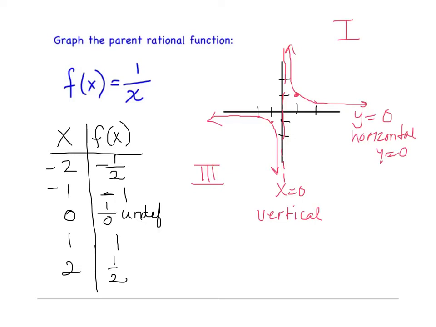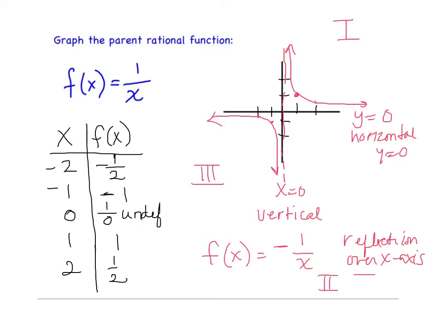However, if I were graphing the function f of x equals -1 over x, remember that the negative out front is a reflection over the x-axis. What that does to the rational graph is it does not change the asymptotes, but it changes the graph from the first and third quadrants to the second and fourth. It would look more like this.